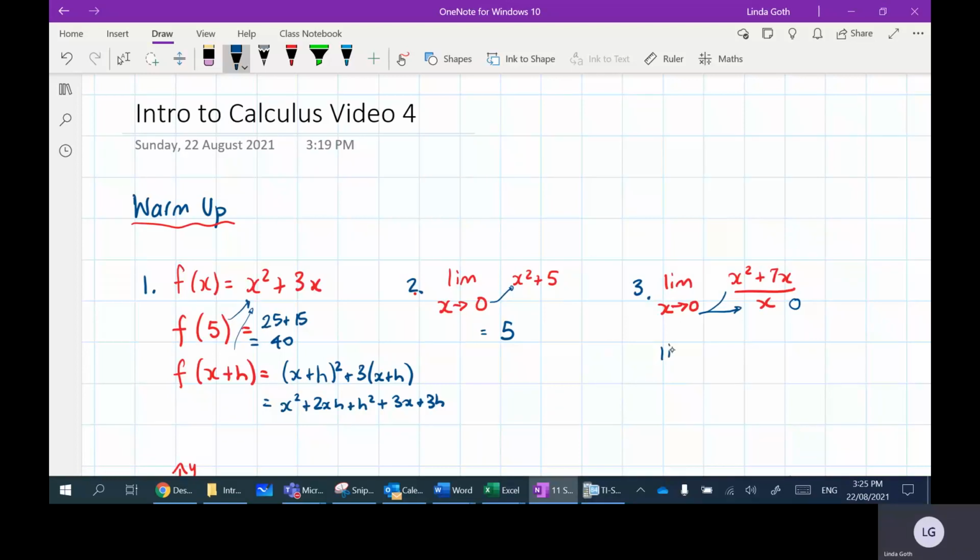So what I first need to do is tidy this up. I want the limit as x approaches 0. I've got a common factor here. I can cancel those out, and now I can substitute the 0 in, and I will just get an answer of 7. So we did a little bit of limits first part of the year, and I'm just trying to remind you of that. All right, let's go back to our calculus.